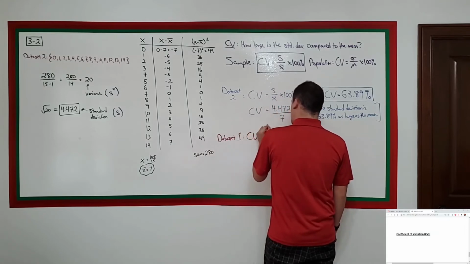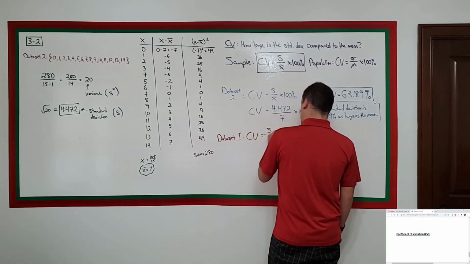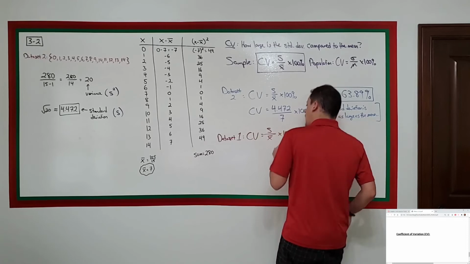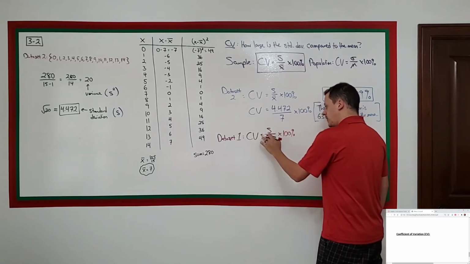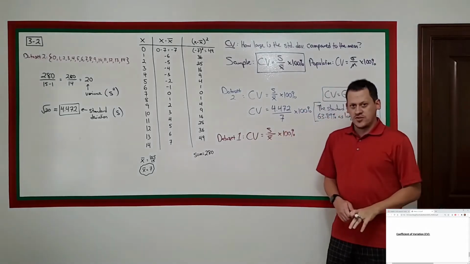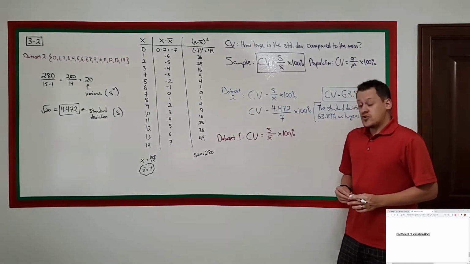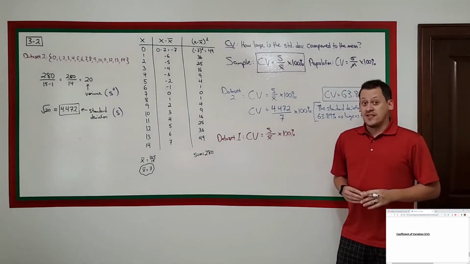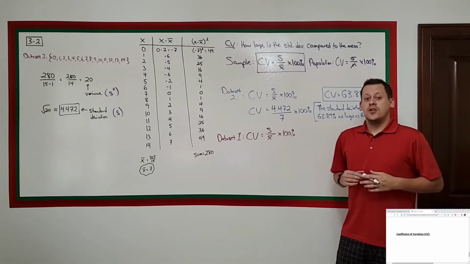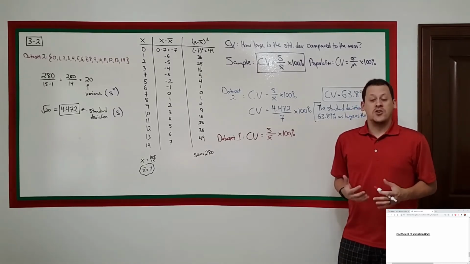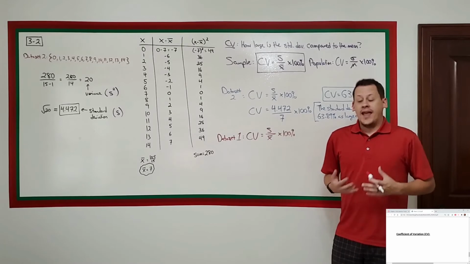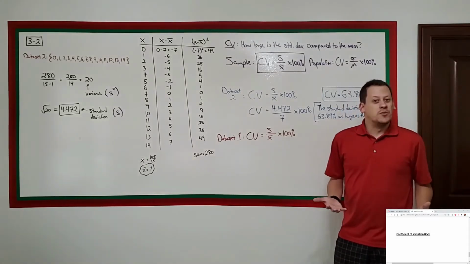So for data set 1, CV equals, you'll find I'm a huge fan: whenever I'm plugging numbers into a formula, I write the formula first. That's because so many times in my life, I've made a mistake on problems like this just because I was rushing. I was going too quickly and I messed something up that was silly.